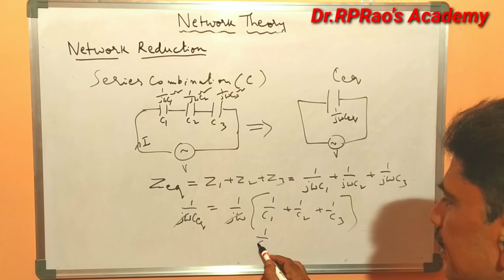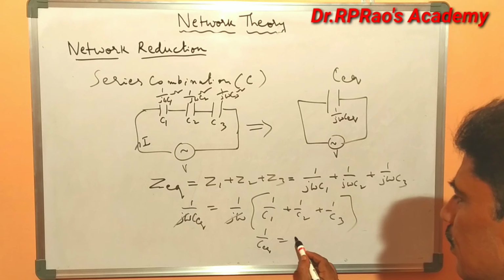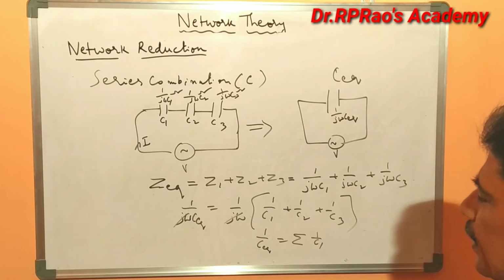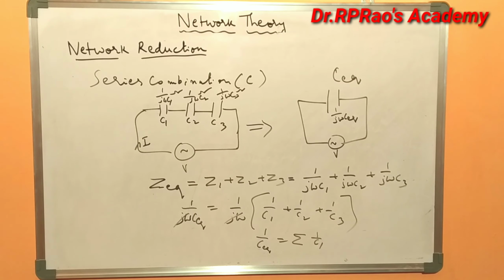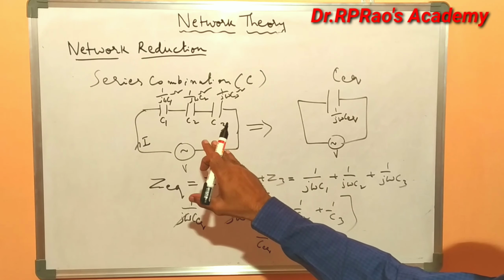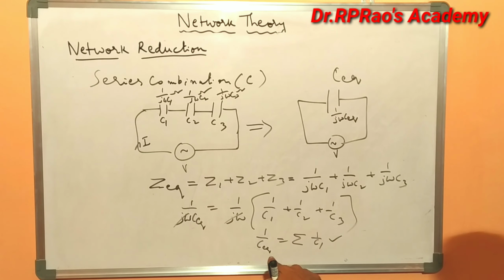So 1 by C equivalent is equal to sigma 1 by C1. So when they are connected in series, we have to use this formula. It is similar to the resistors connected in parallel. Here we have connected the capacitors in series, so its equivalent capacitance is 1 by C equivalent is equal to sigma 1 by C1.